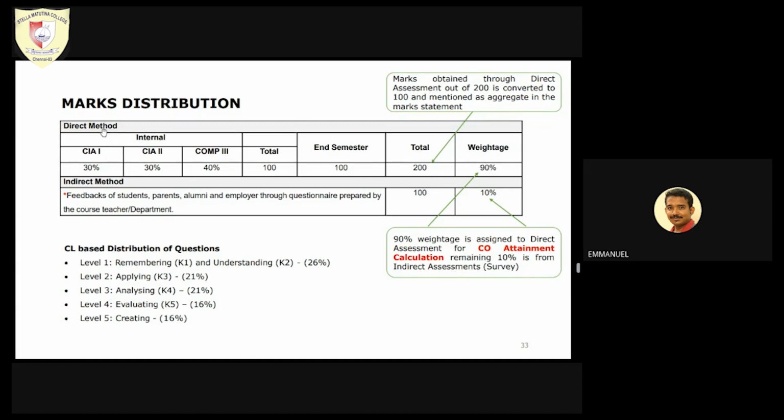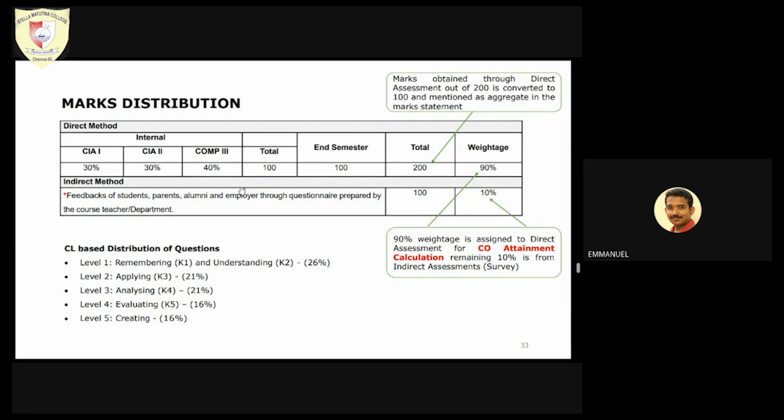This is what we call the direct method, and the indirect method is the feedback from different stakeholders. The first hand stakeholders are students, and in level 2 we have parents and alumni also. Alumni means, even 2 or 3 years after they go out from the college, we get feedback from them.